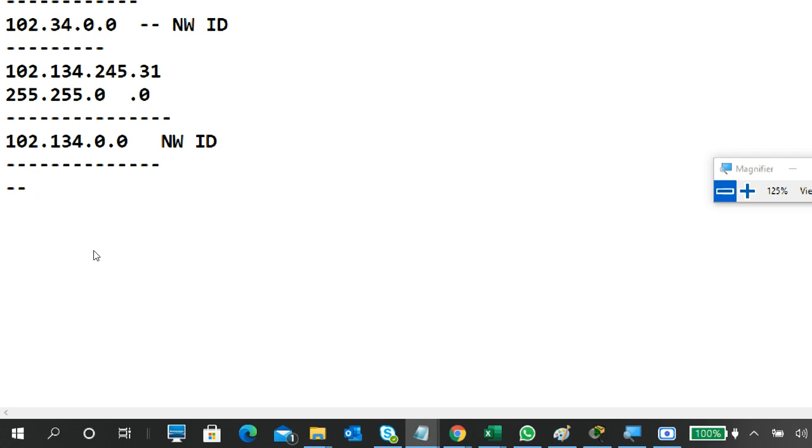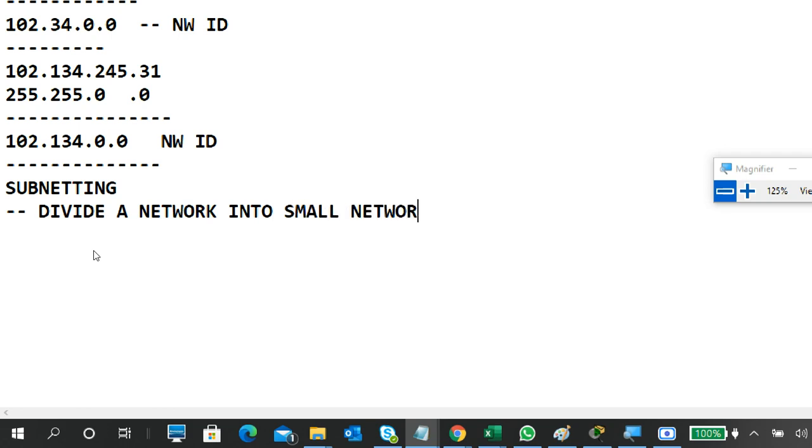What is subnetting? Divide a network into smaller parts. Divide a network into small networks, which we call subnets or sub networks.